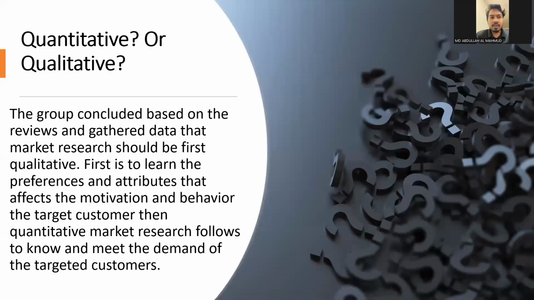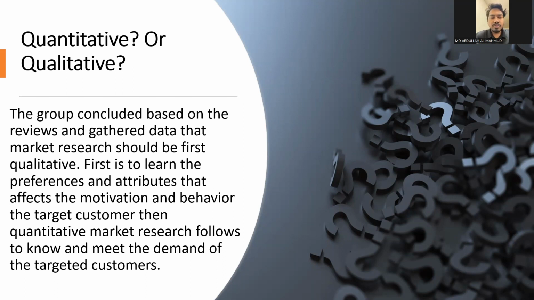Quantitative and qualitative research methods are two distinct approaches to collecting and analyzing data, each with its own strengths and weaknesses. Here are some of the things that I can tell you. Quantitative research focuses on collecting numerical data and analyzing it statistically.